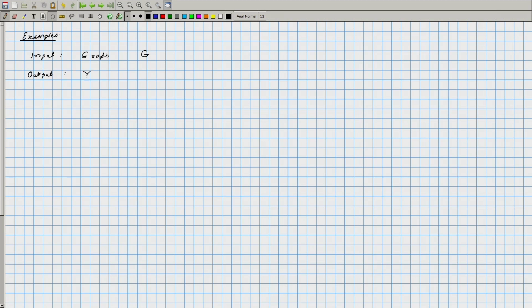The output should be yes if G has an Eulerian cycle, and the answer should be no if G does not have an Eulerian cycle. So, let us take an example. This is a graph on 5 vertices.